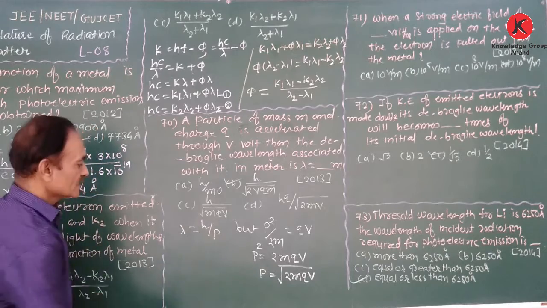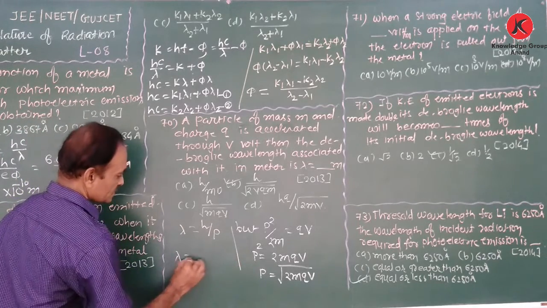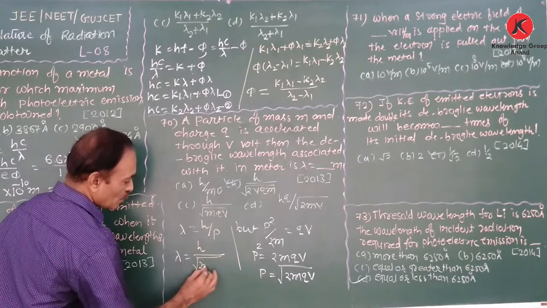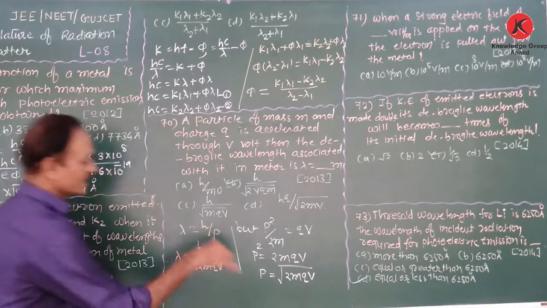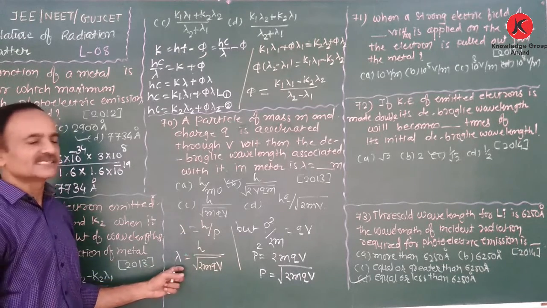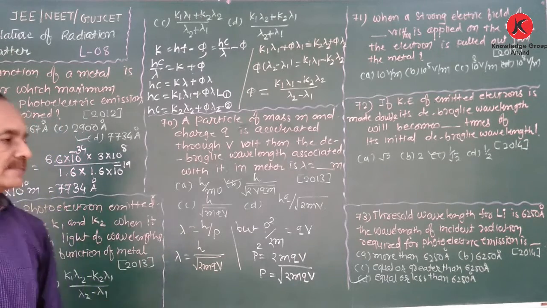Substitute here. Therefore, lambda is equal to h upon p. The value of p is this, 2mqV. The de Broglie wavelength lambda is equal to h upon under root of 2mqV.